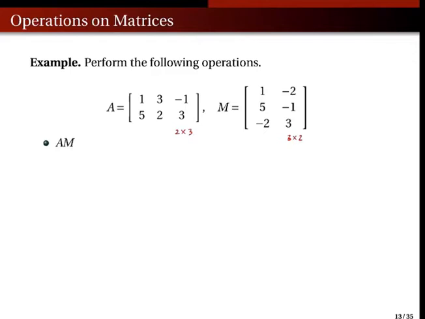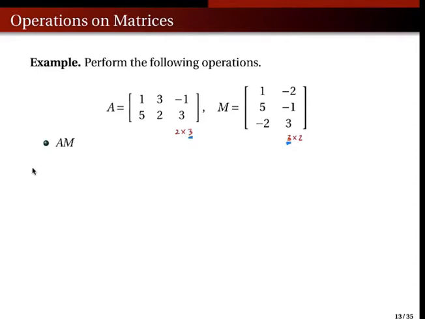So this is what we only need to check. This number here must be the same as this number. It doesn't matter if the other two numbers are the same or not. It just so happened that for these matrices they are the same, but they can be different.